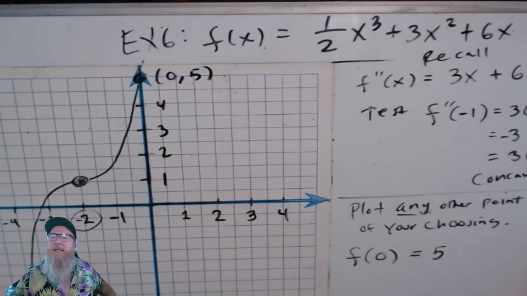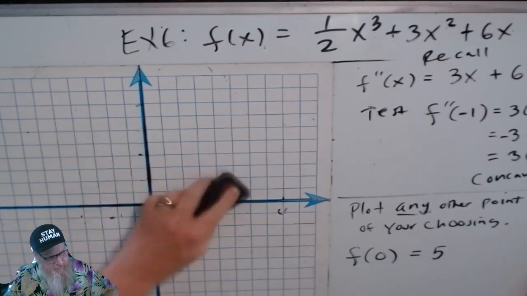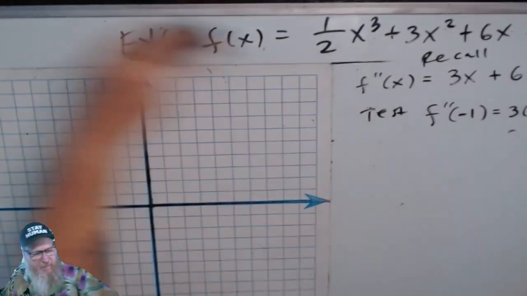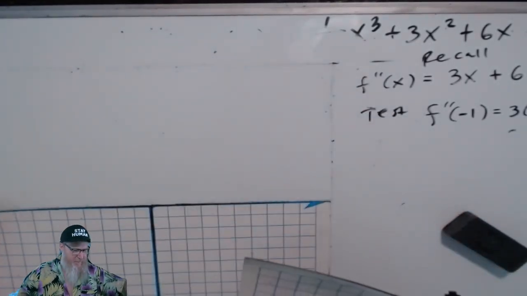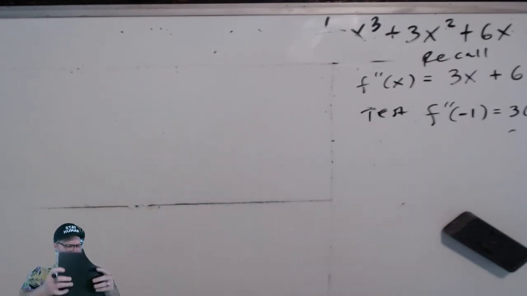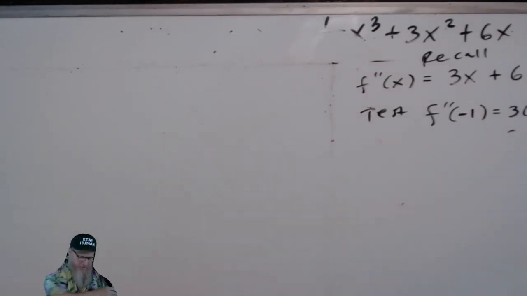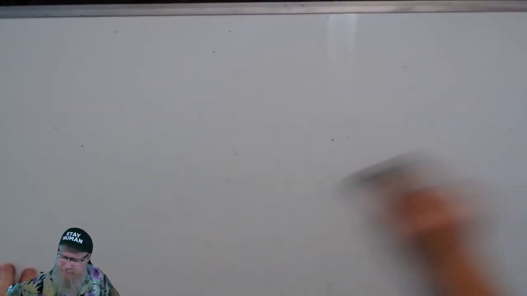So for the next few examples, let's remove the grid until I have some stuff to graph, which means we're going to have to document all of our results very carefully so that at the very end I can just plop the grid down in the center and we can just draw the graph with everything that we've learned.